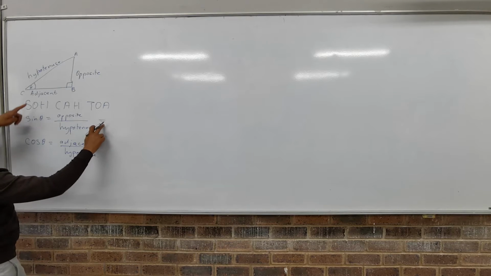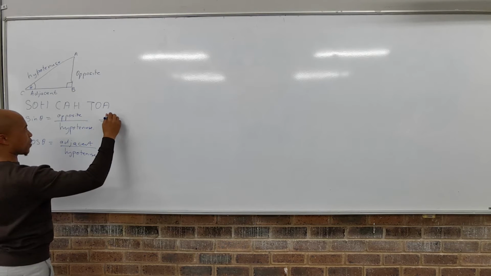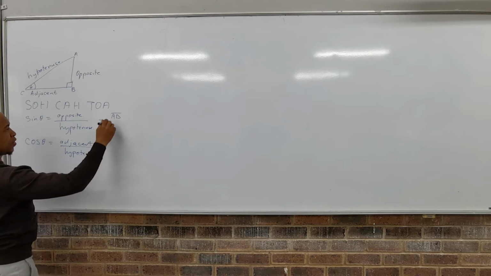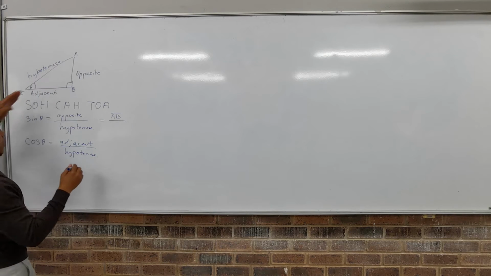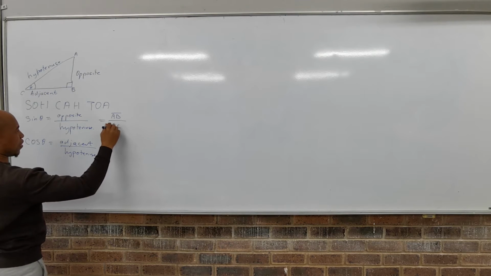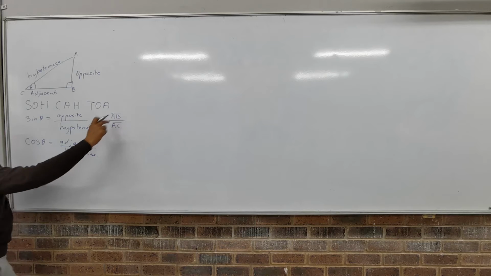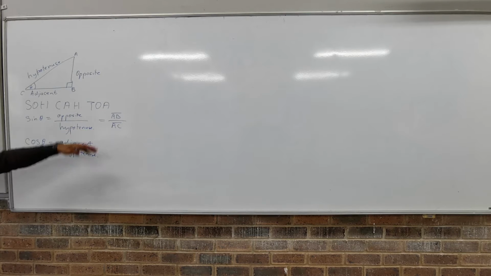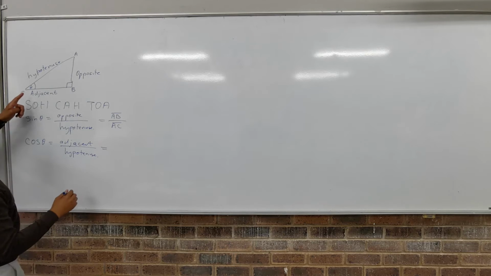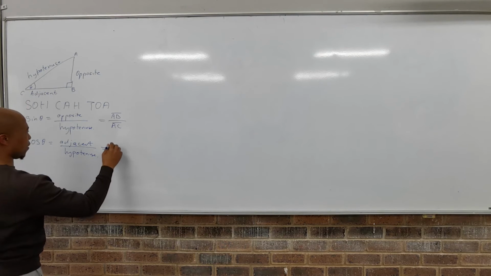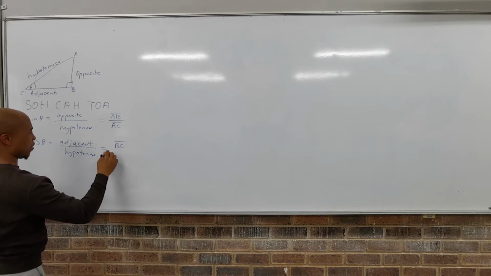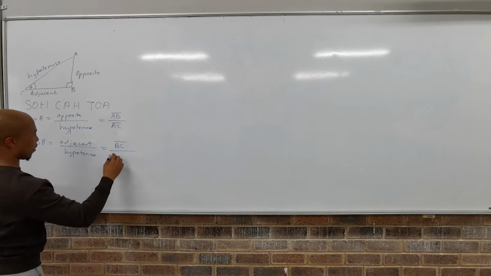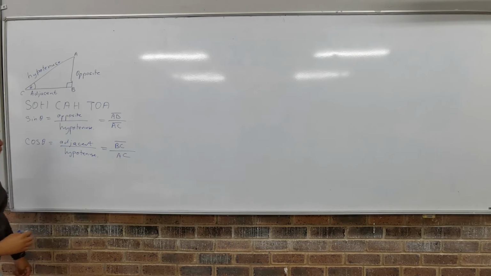So using the letters, the opposite becomes line AB, the hypotenuse becomes line AC. These little bars that you saw there indicate that it is a line. Therefore, for the adjacent side, you have line BC divided by line AC. And then we have the tangent.